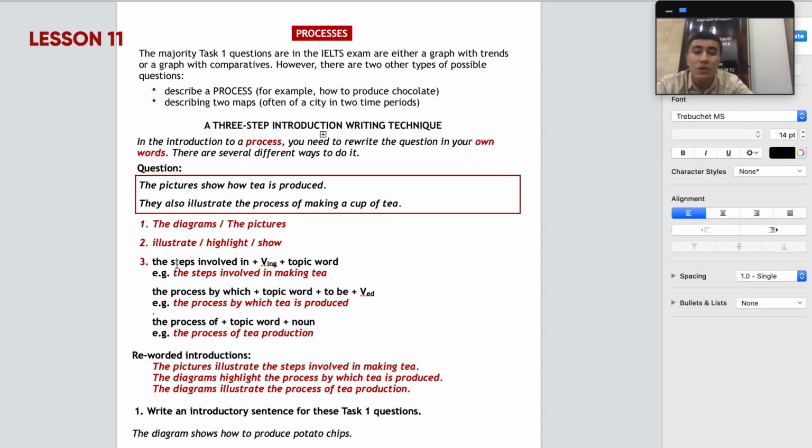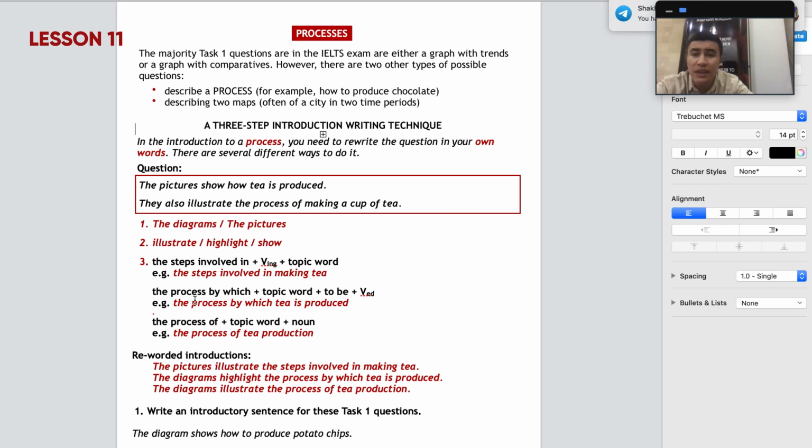Then you can say the steps involved in plus verb-ing and topic word. This is an example here: the steps involved in making tea. The topic word is usually a noun that tells what the whole process is about.